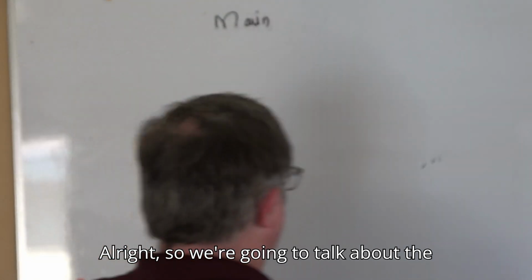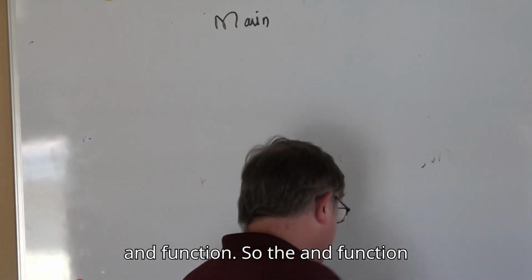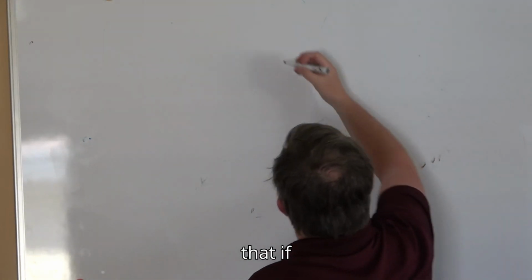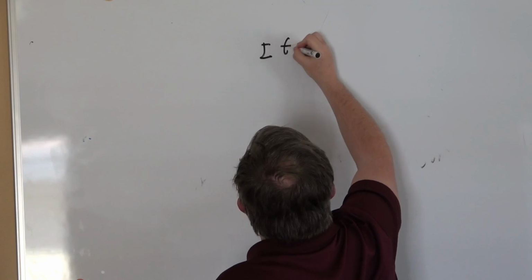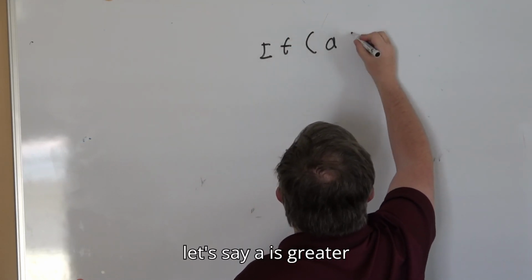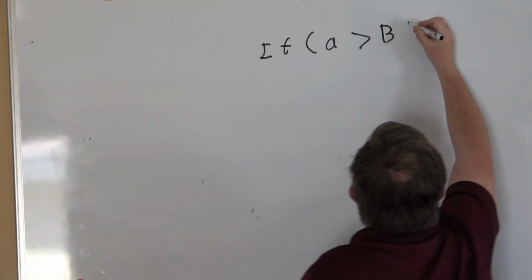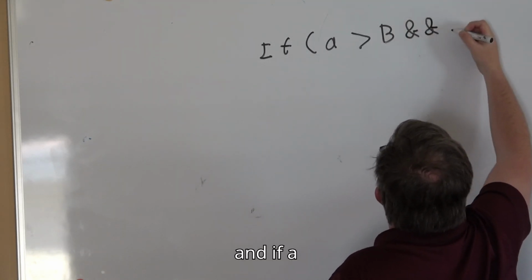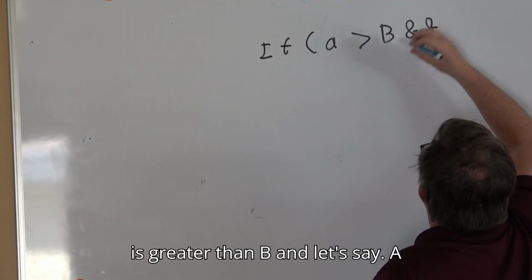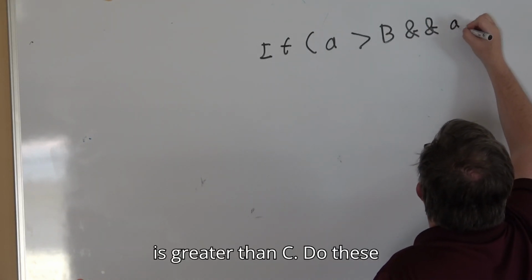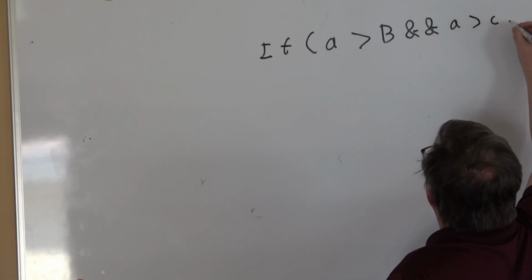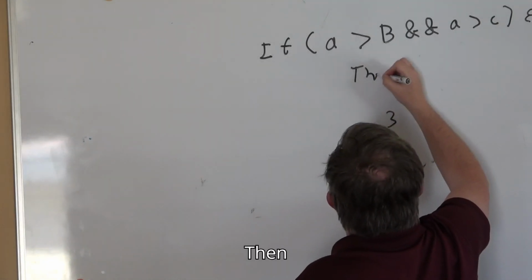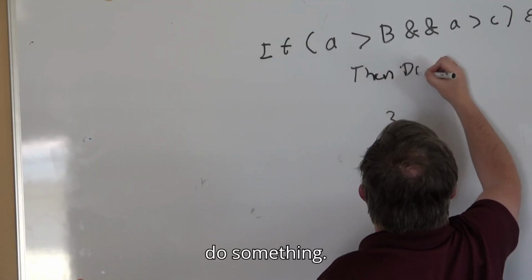All right, so we're going to talk about the AND function. Now we know that if, let's say, A is greater than B, and A is greater than C, in these little brackets, then do something.